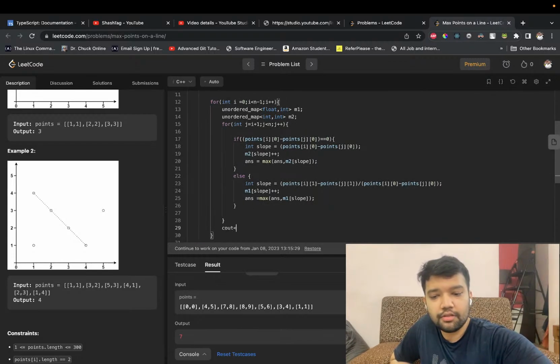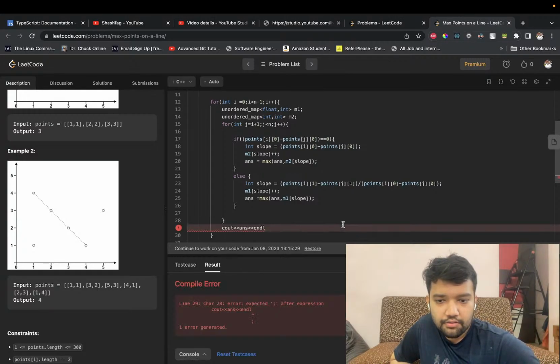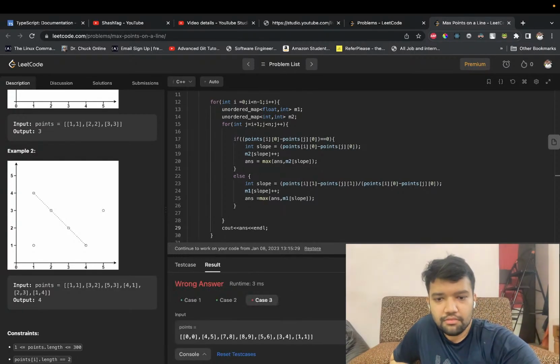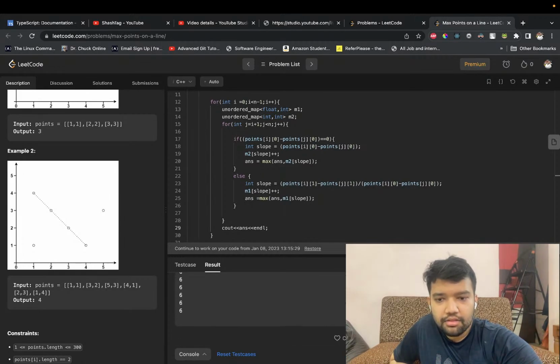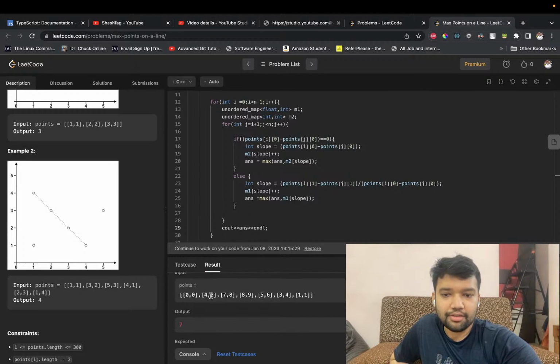Let's just print out the answer on every count. And let's try this. Six. We are getting 6 on every point. So this is somehow giving me 6, which is wrong, obviously.